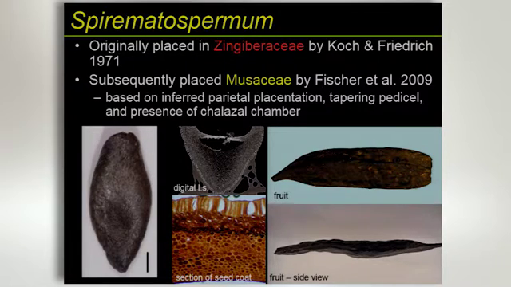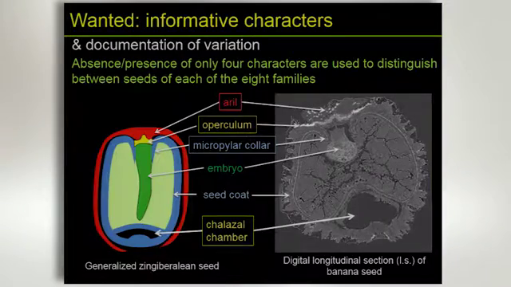Zingiberaceae is in the ginger clade. So if we're trying to use this as a constraint, those are 2 very different positions that will have a big effect. So we need to place this with more confidence. We need to figure out which family it is actually in. And to do that, we needed to look at seeds in more detail.